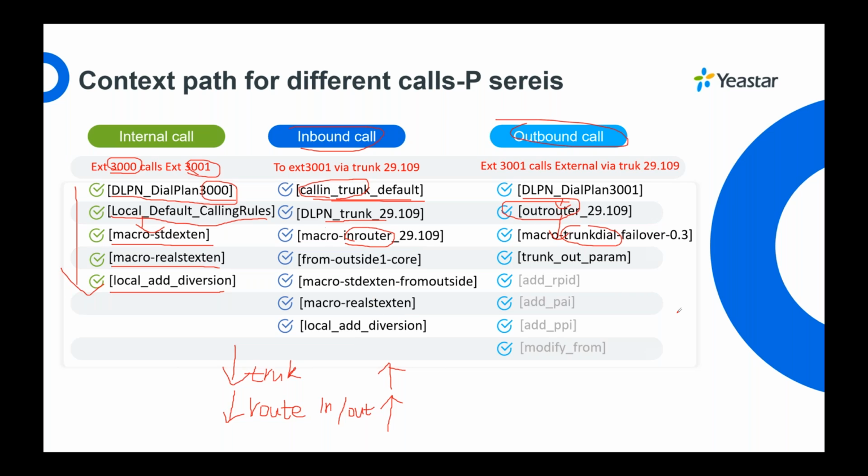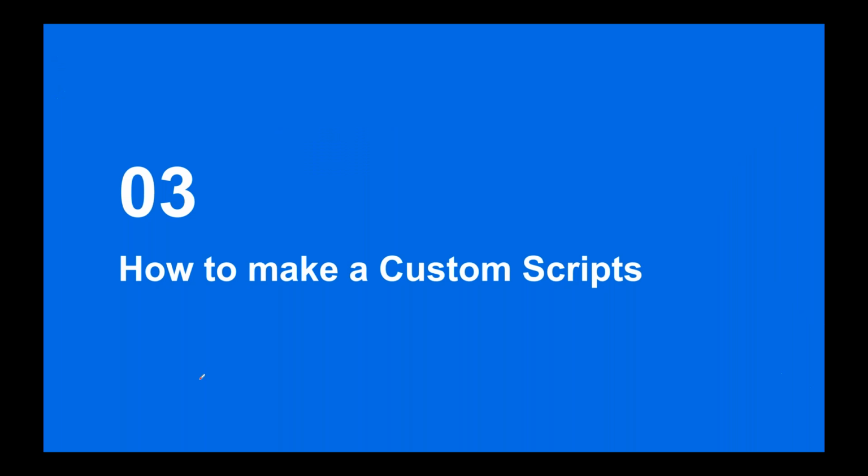This will help you understand how the call goes through the different contexts and help us make a decision when we need to write a custom script. Do you have any questions about the last two parts?